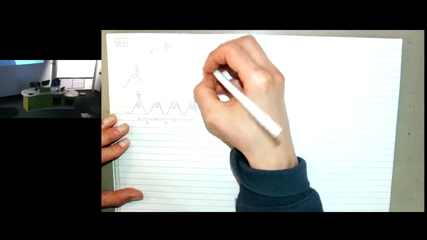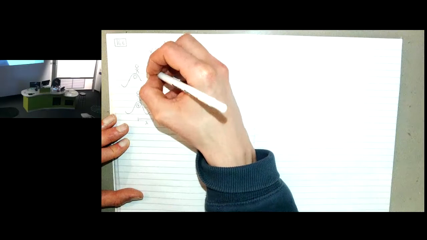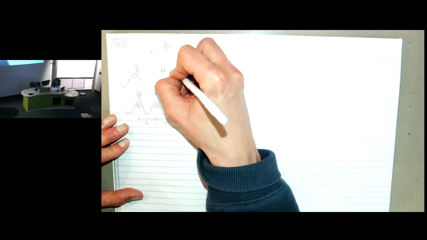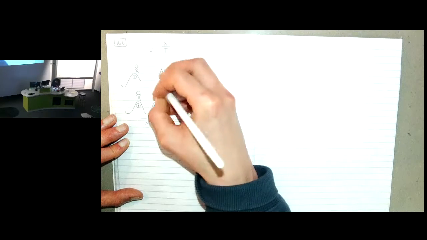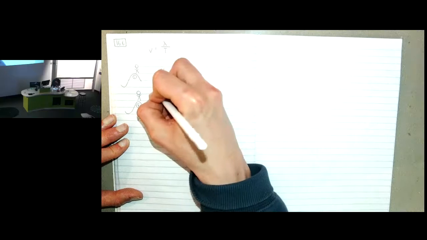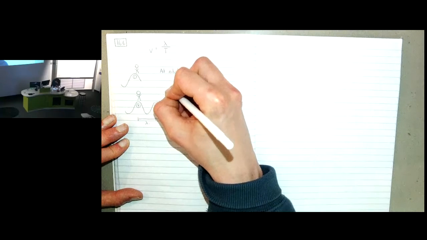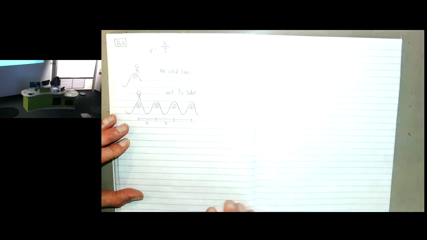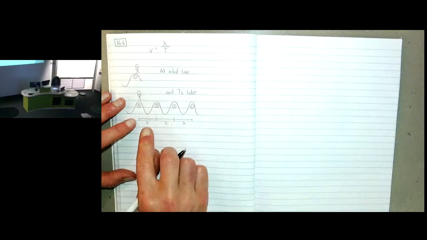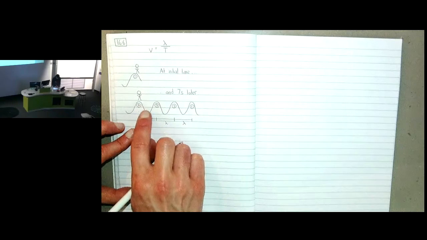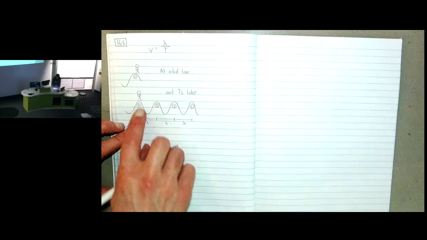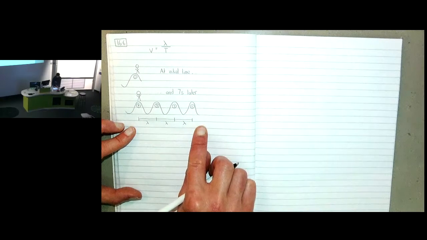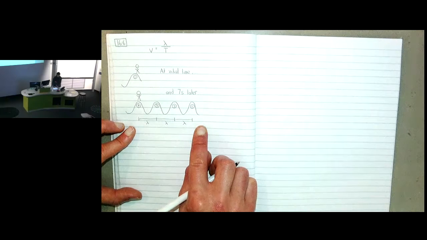This picture is at initial time, and this picture down here is 7 seconds later. So clearly 3 wavelengths of this wave have gone past this guy. In those 7 seconds, the wave has travelled a distance of 3 wavelengths.